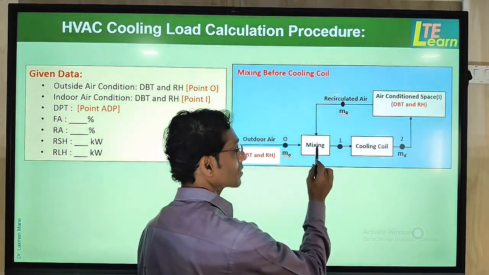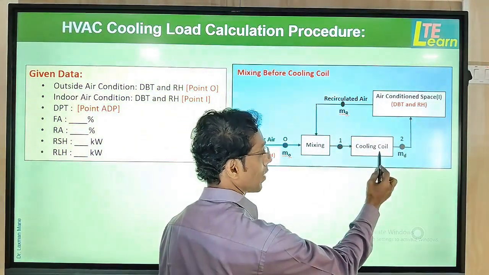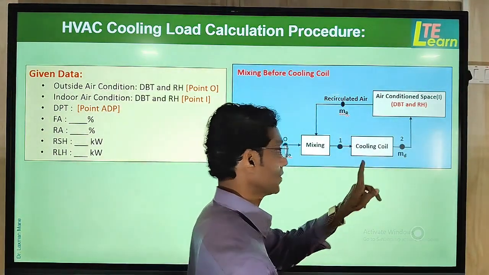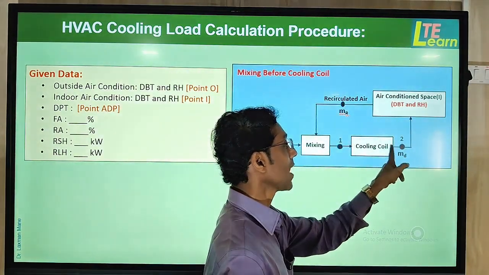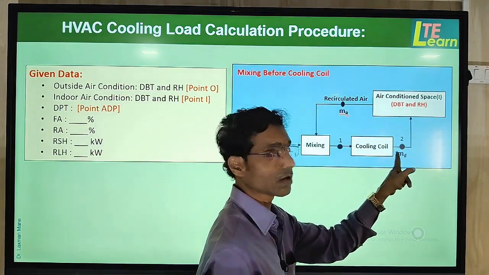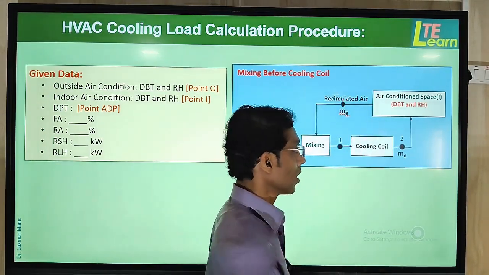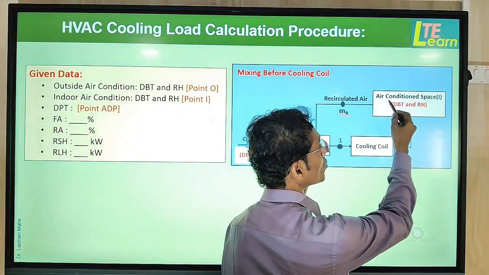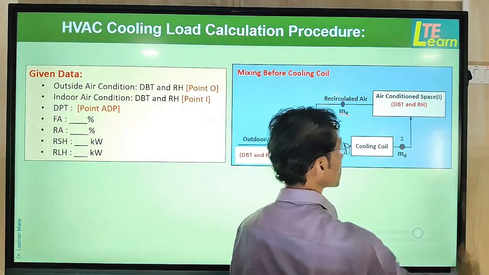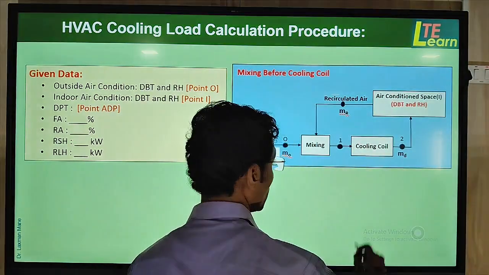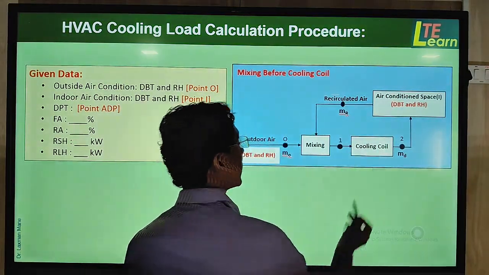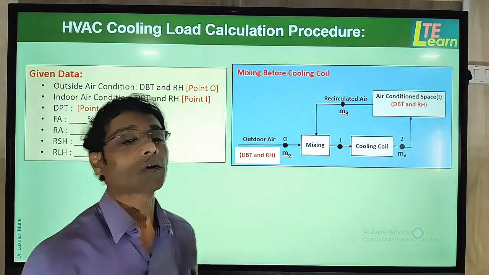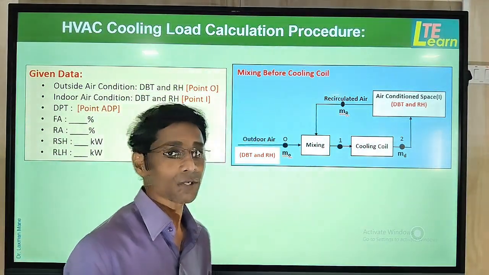After that, this mixed air passes over the cooling coil where the air is processed. So here the temperature and relative humidity of the air are controlled, and this processed air is then passed to the air conditioned space.